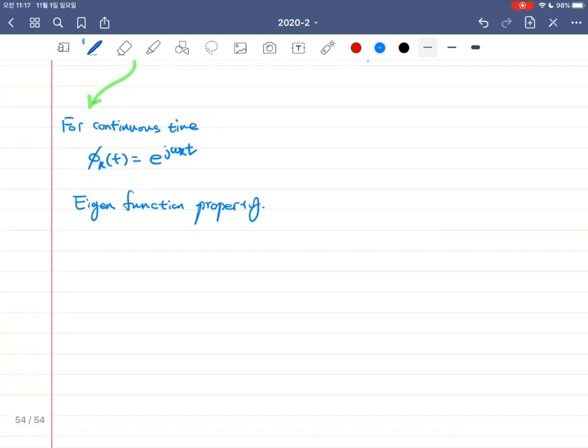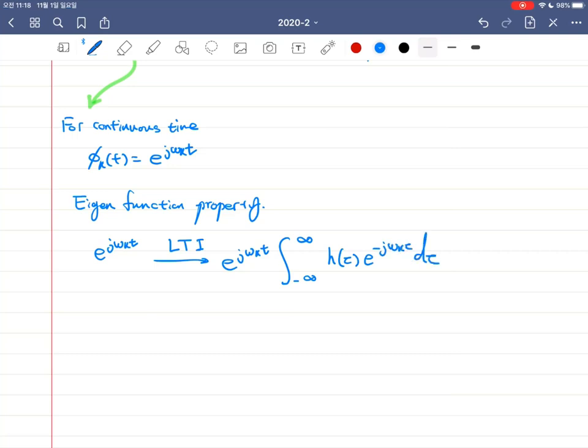So if I treat this form of exponential as an input for the LTI system, you will get the same exponential with the same frequency. This is the key part, with the multiplication of something which is a function of omega k. You will get this.